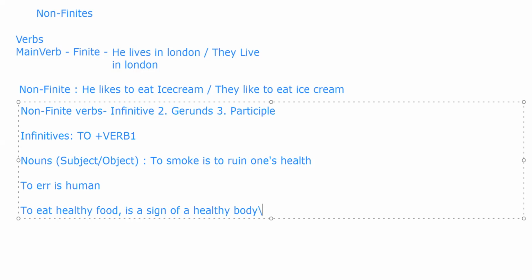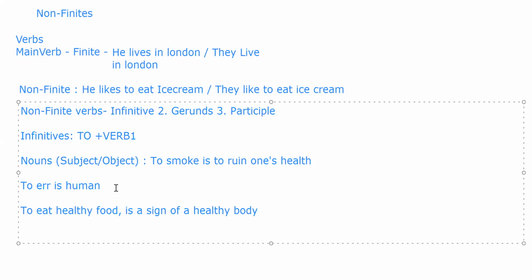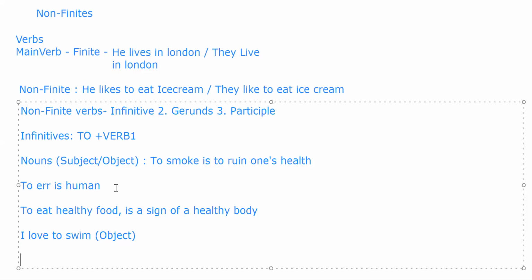But when we talk about sentences like this, I love to swim. Now here, to swim is treated as an activity. Now activity is an object here. So to swim will become an object.